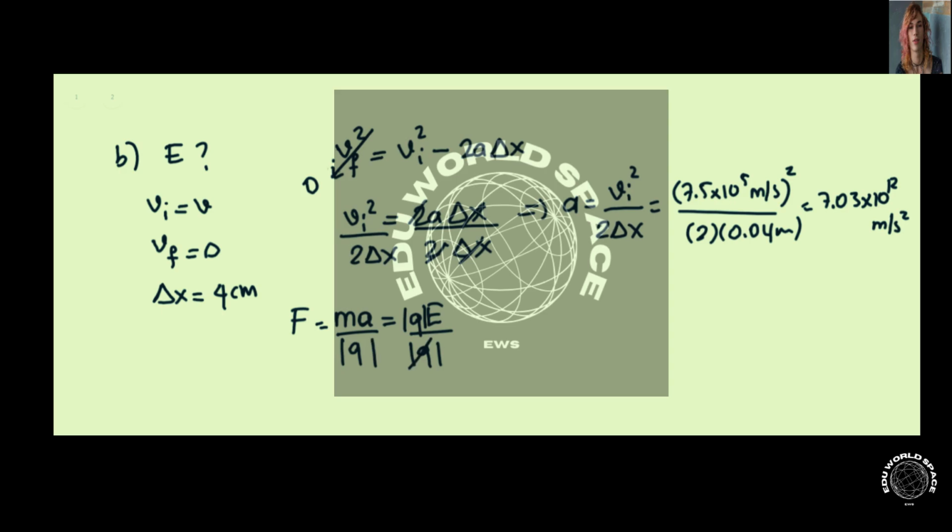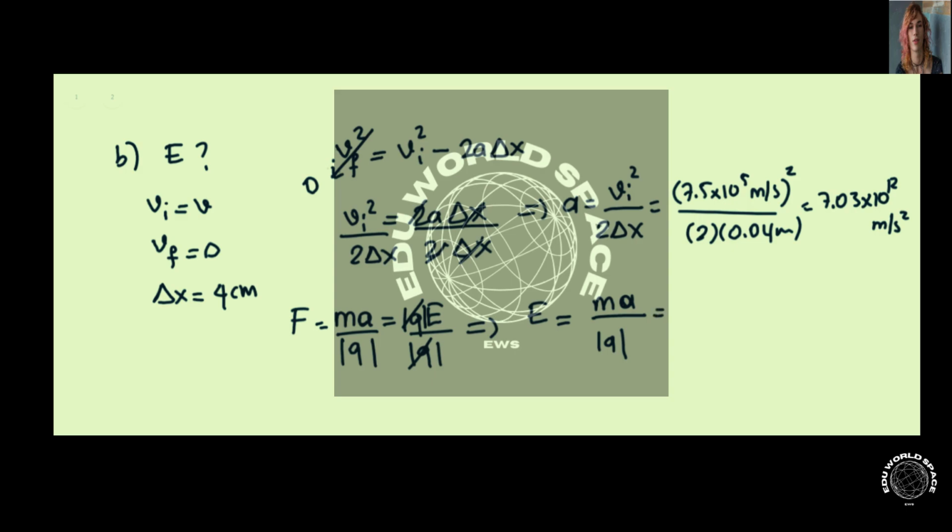So then if we cancel out the charges, we get the magnitude of the electric field as m of the electron times the acceleration of the electron divided by the absolute value of the charge of an electron.